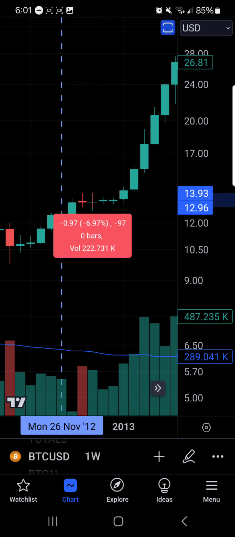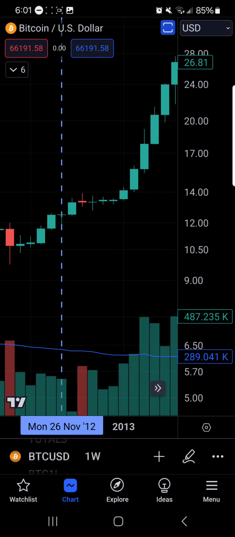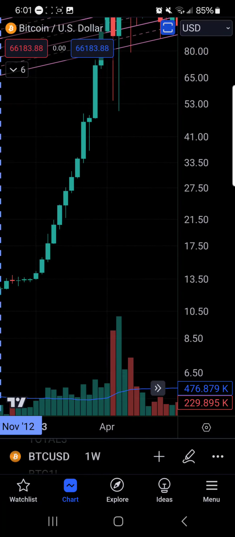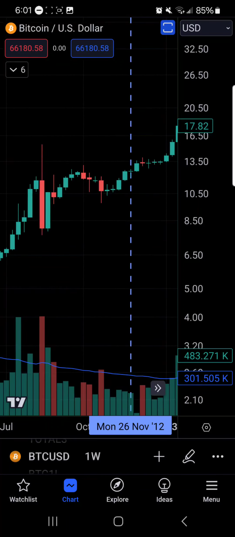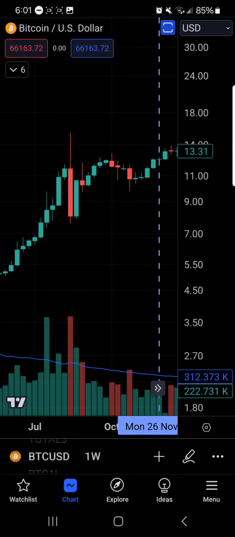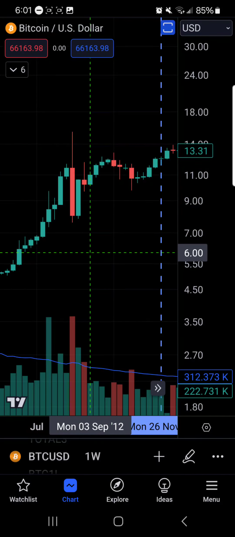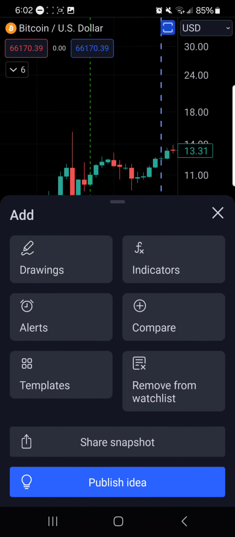Oh, that's like 7%. So in 2012, we did not have any sort of a dump prior to taking off. Although, once again, here we had a big dump just a couple months prior.